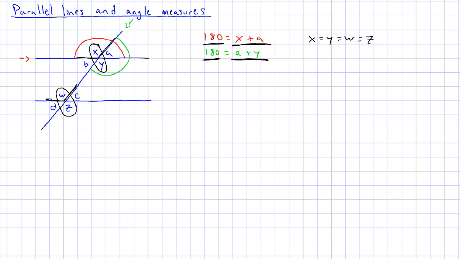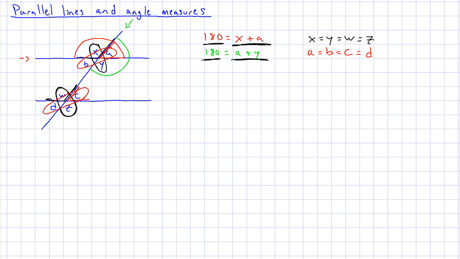These four, X, Y, W, and Z, are all equal. And then in the opposite direction, A and B must be equal. And because, again, of the symmetry of these lines, angle A equals angle C, and angle C equals angle D.